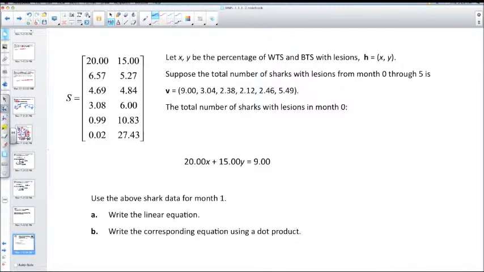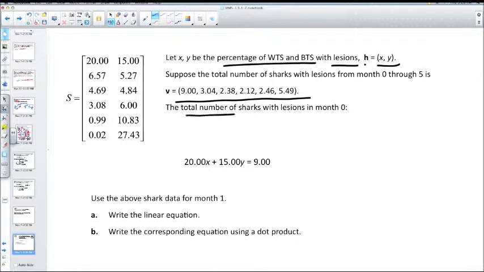Let x, y stand for the percentage of the WTS and the BTS with relations. And then use the H vector as the x, y. And the total sharks in the 6 months, again, is this same vector. So if I want to think about the total number of sharks with relation in the first month, that's the equation.